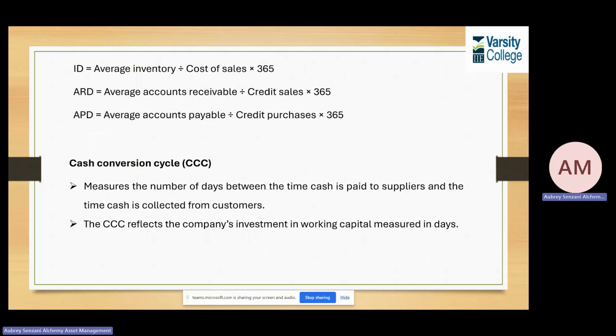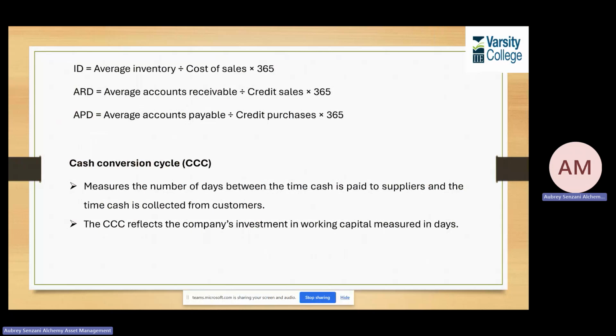Then ARD is your accounts receivable days. And APD, I think we called it something different when we were doing 2A, but it's the same thing: debtors average collection days or period, and creditors average collection period or days.